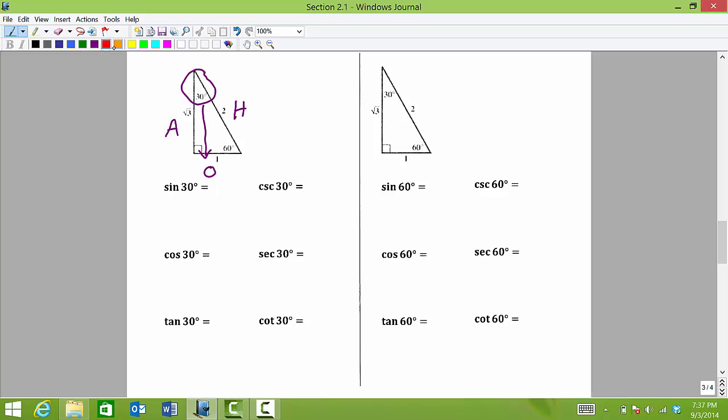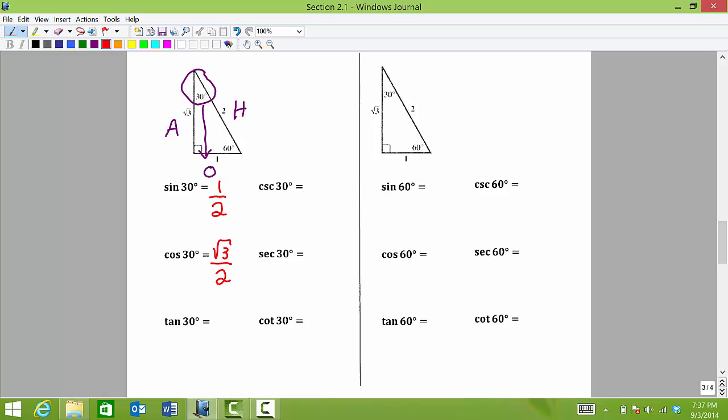So when we go to find sine of 30 degrees, that will be the opposite side, so that would be 1 divided by our hypotenuse, which is 2. So sine of 30 degrees would be 1/2. Cosine of 30 degrees will be the adjacent side, square root of 3, divided by our hypotenuse, which is 2. So the cosine of 30 degrees is the square root of 3 divided by 2.